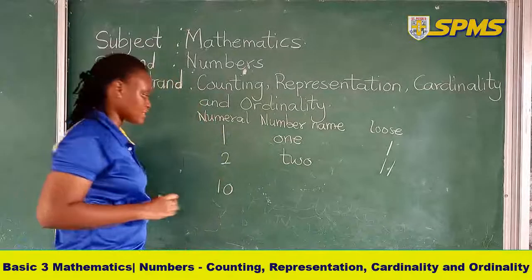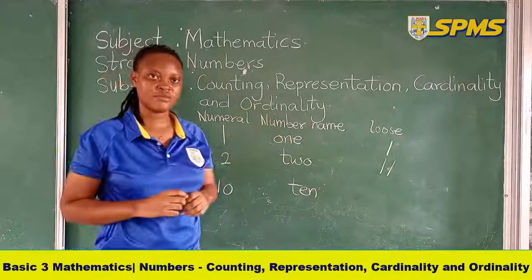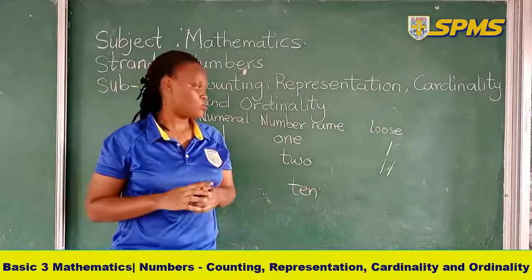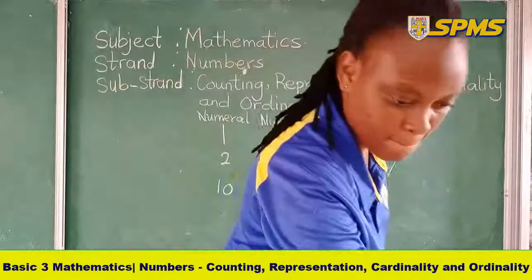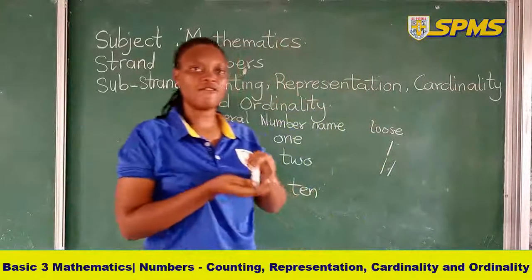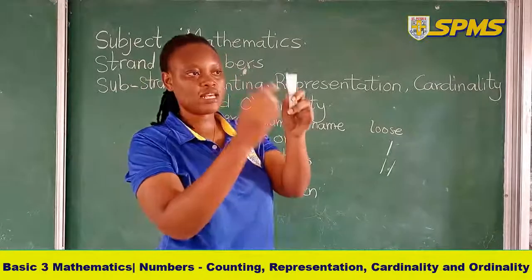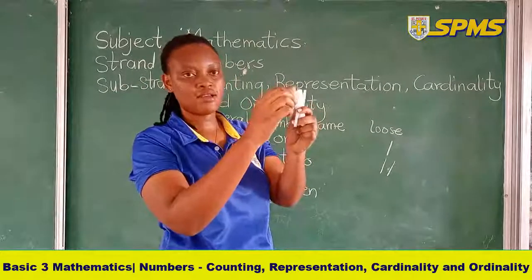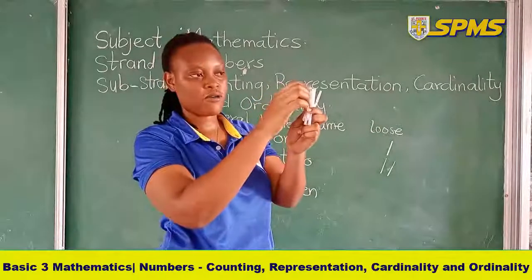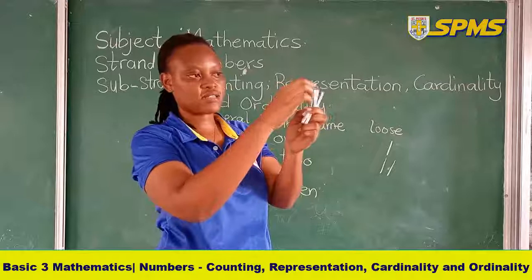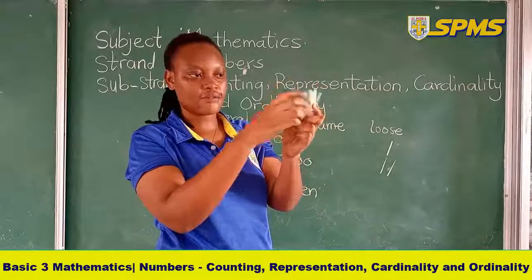So our number name for 10 will be T-E-N. We don't have to have a loose straw. 10 comes in the form of a what? A bundle. So let's count together. 1, 2, 3, 4, 5, 6, 7, 8, 9, 10.